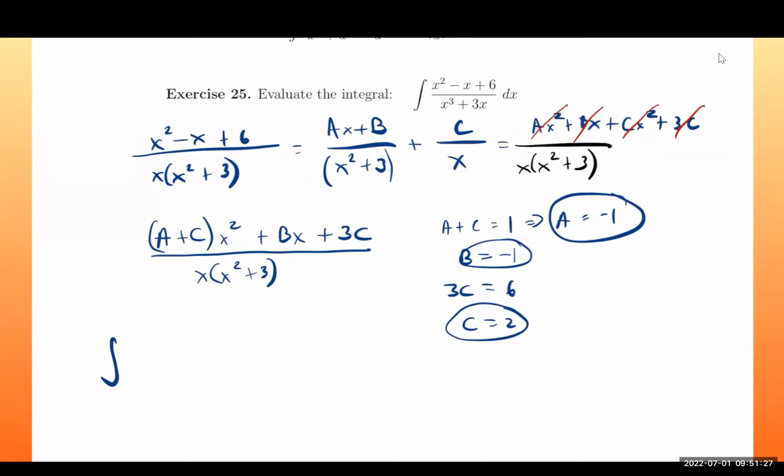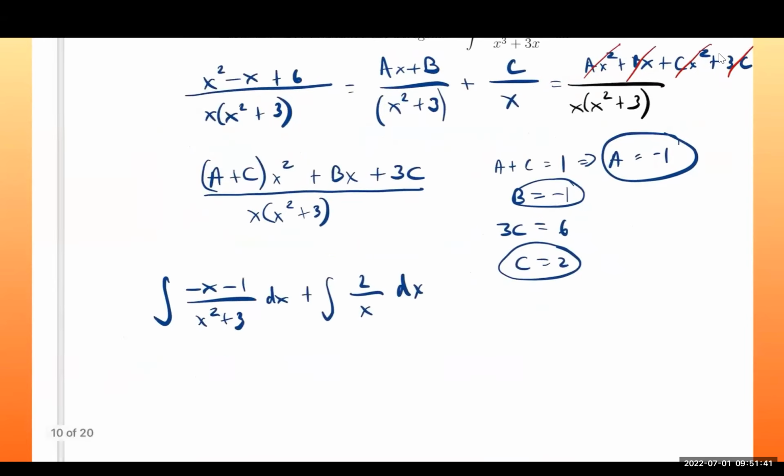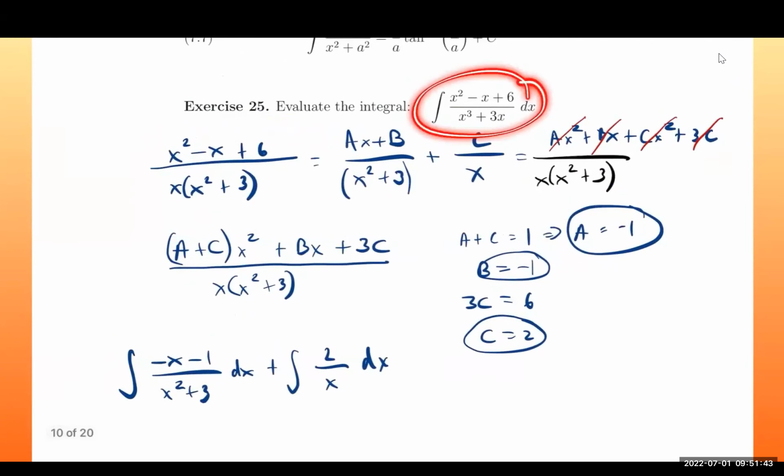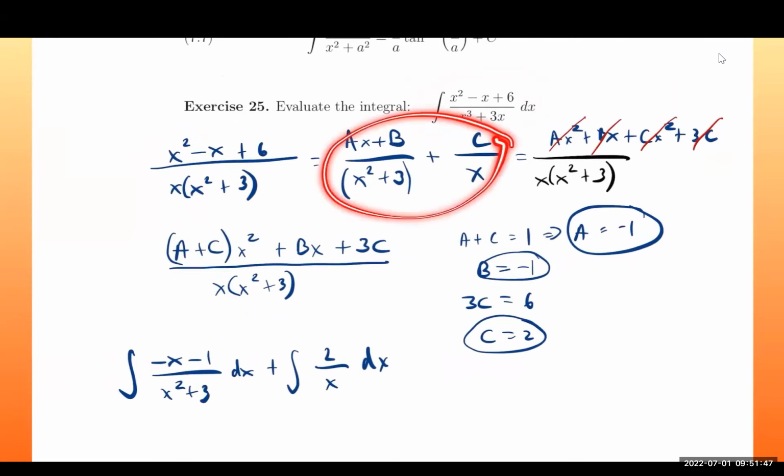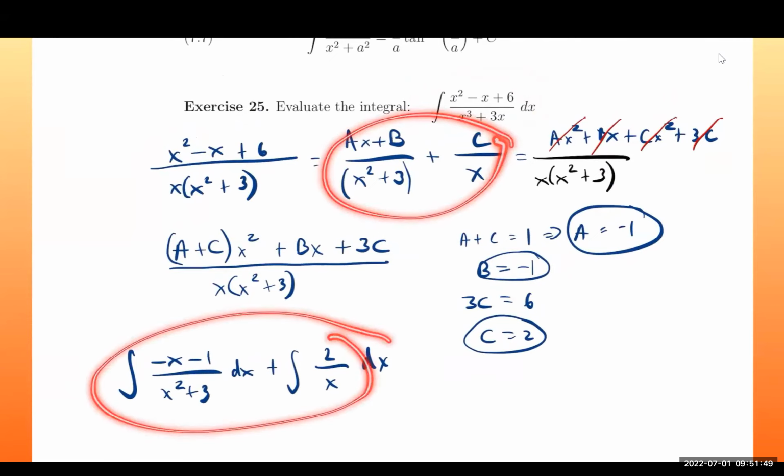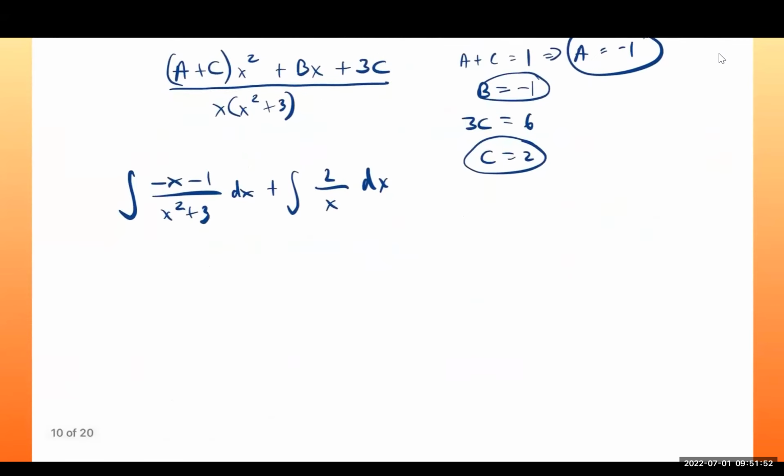So the new integral will be integral of ax plus b, which is -x minus 1 over x squared plus 3 dx, plus c, which is 2 over x dx. All right, so we rewrote the original fraction by partial fractions. We broke it up into this, which turned out to be this after we plugged in the constants.